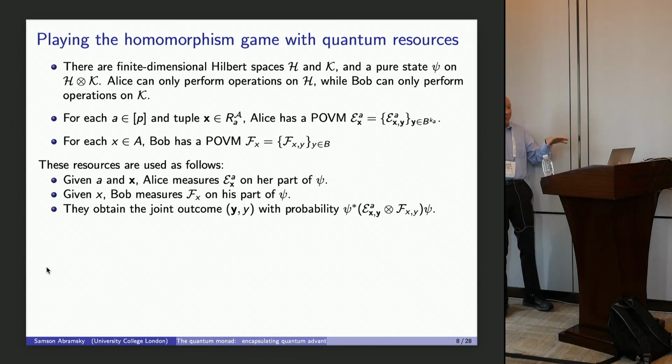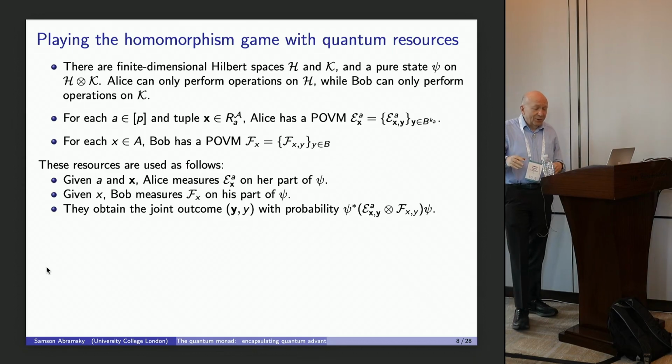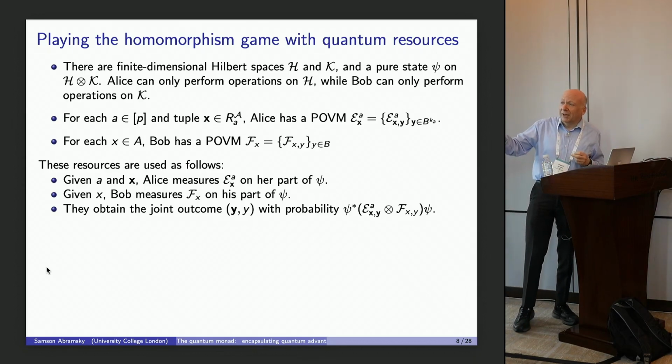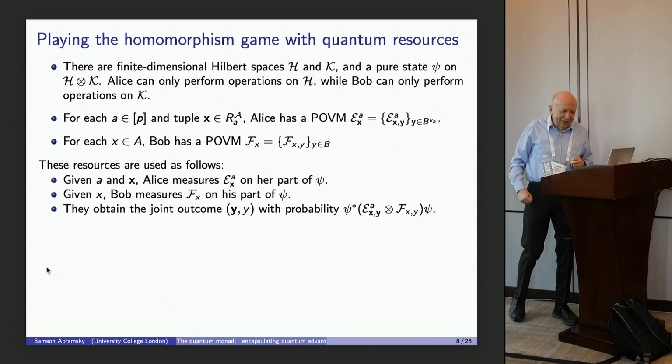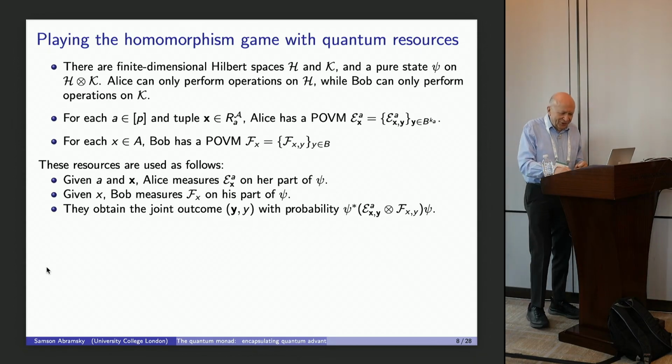And anyway, they obtain this joint outcome, with the probability given in the usual way by what you will recognize as the Born rule. I haven't used Dirac notation here, but it's just the usual formula for computing the probability of performing a quantum measurement in a given state.